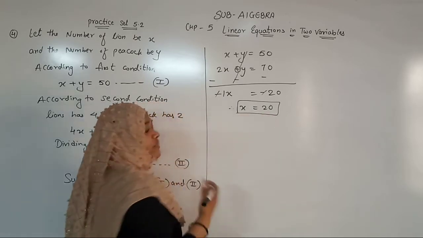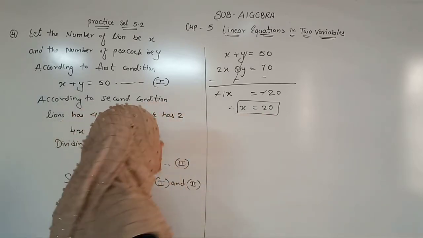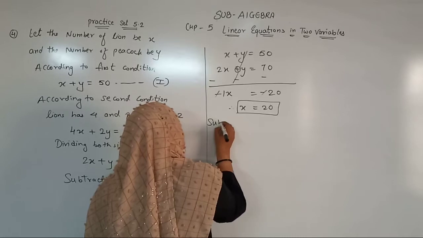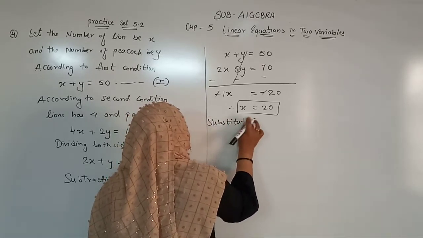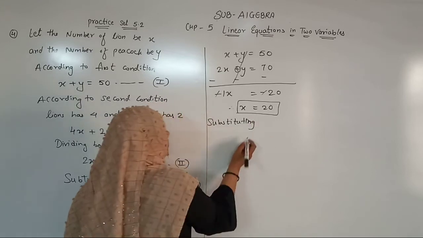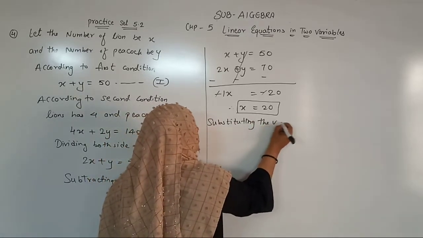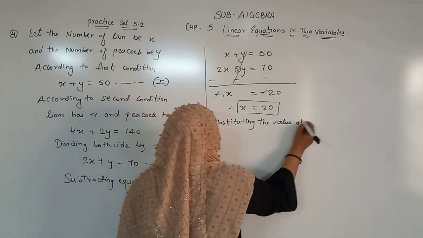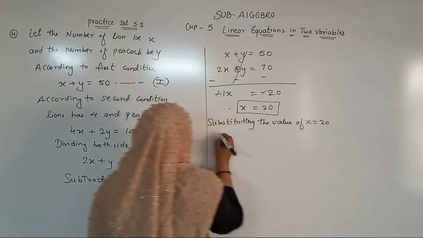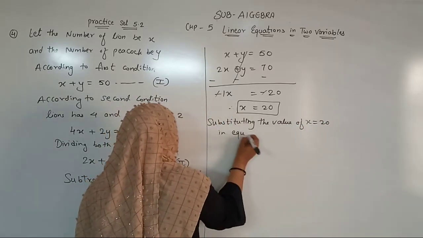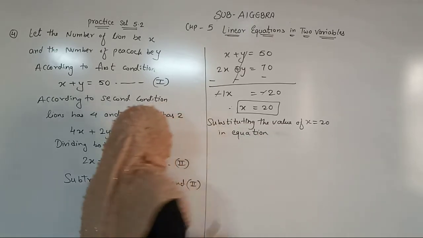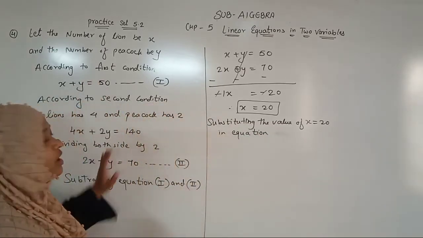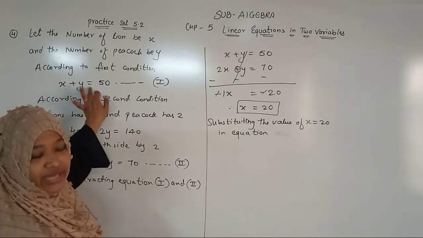When I get the value of x, we can get the value of y also. How? I can do substituting, or I can put, or I can replace, anything you can write. Substituting the value of x equals 20 in equation number 1 or 2, in any of them you can put. I have an easy one, that is 1.